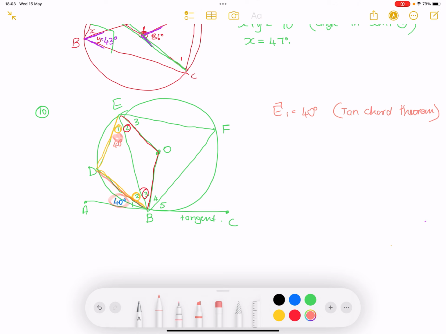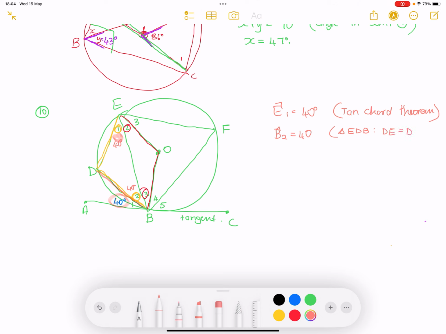Now then they say B2. So B2 is also going to be 40 because in triangle EDB you have DE equals DB.